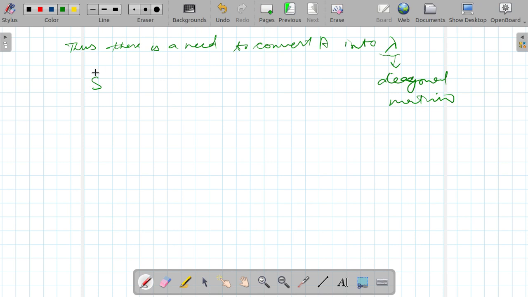That means we will use the transformation S prime AS, as we have studied earlier in the transformation matrix, such that the resultant will be a diagonal matrix, or I can say that AS is equal to S lambda.